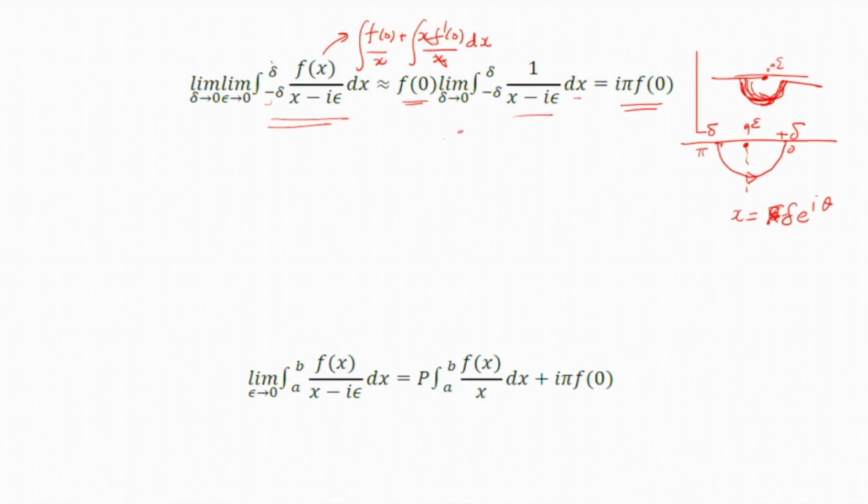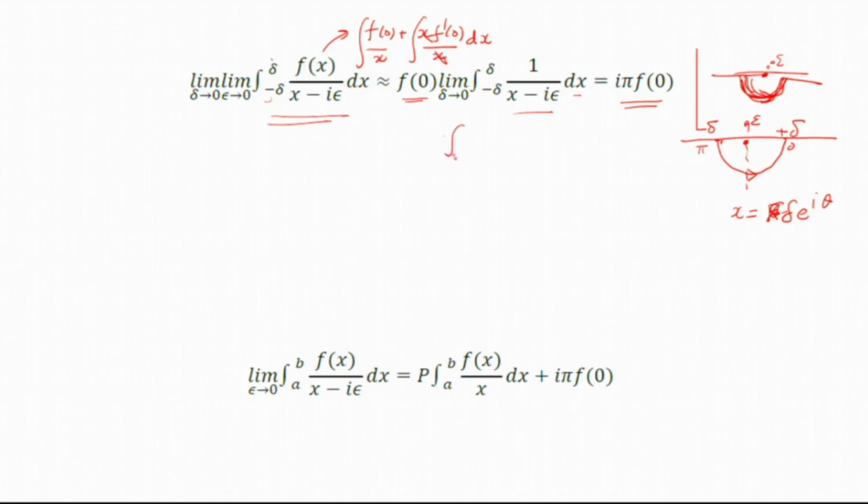Now, I am taking the epsilon going to 0 limit. So, let me write it nicely here: the integral from minus delta to delta, where dx will be delta e to the power i theta, but theta is a variable now, so i d theta. And x minus i epsilon, with epsilon going to 0, is approximately delta e to the power i theta, so it is just x.